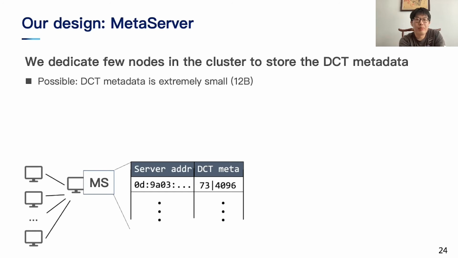To achieve so, we propose an architecture that uses MetaServers to store all DCT metadata. The MetaServer is in principle similar to DNS servers, which store a mapping between a remote node's RDMA address and the corresponding DCT metadata. Notice that storing the metadata of all servers in a cluster in a MetaServer is practical because the metadata is extremely small. It only consumes 12 bytes.